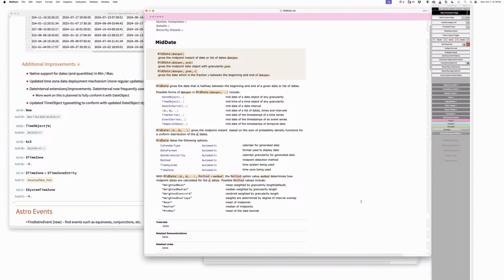Midpoint mean takes a week and an instant and treats them with the same weighting, correct? Why wouldn't granular mean do that? Granular mean says one of these has zero weight because it's just a point, an instant, and one of them has a seven-day weight because it's a week long. So we're going to get a mean that is basically in the middle of the week. I see. Okay, fair enough.